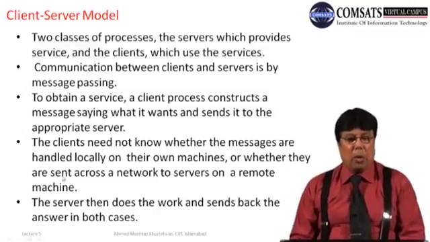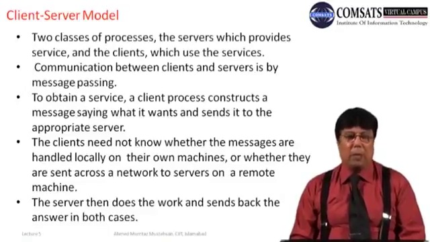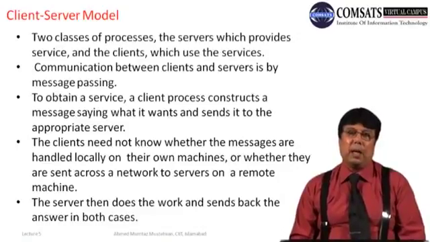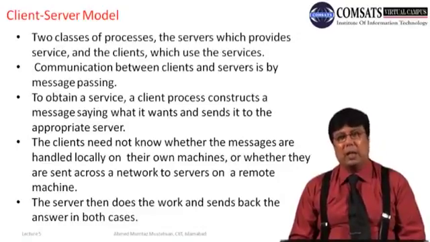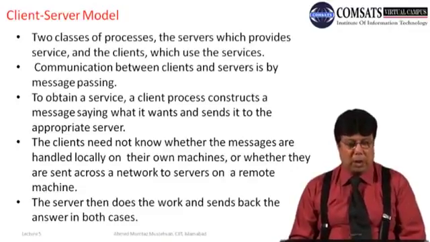To obtain a service, a client process constructs a message saying what it wants and sends it to the appropriate server. क्लाइंट प्रोसेस जो है वो डिसाइड करता है कि what it wants, इसको क्या चाहिए, वो अपनी डिटेल एम्बेड करके एक मैसेज में उस मैसेज को सेंड कर देती है to the server process.